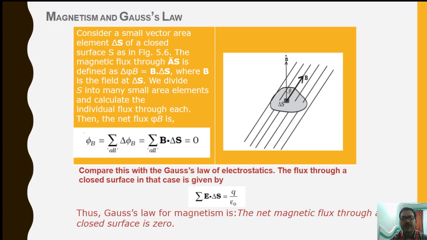Then net flux phi B is given as summation of all delta phi B's or summation of all B dot delta S equal to 0. Compare this with the Gauss law of electrostatics.